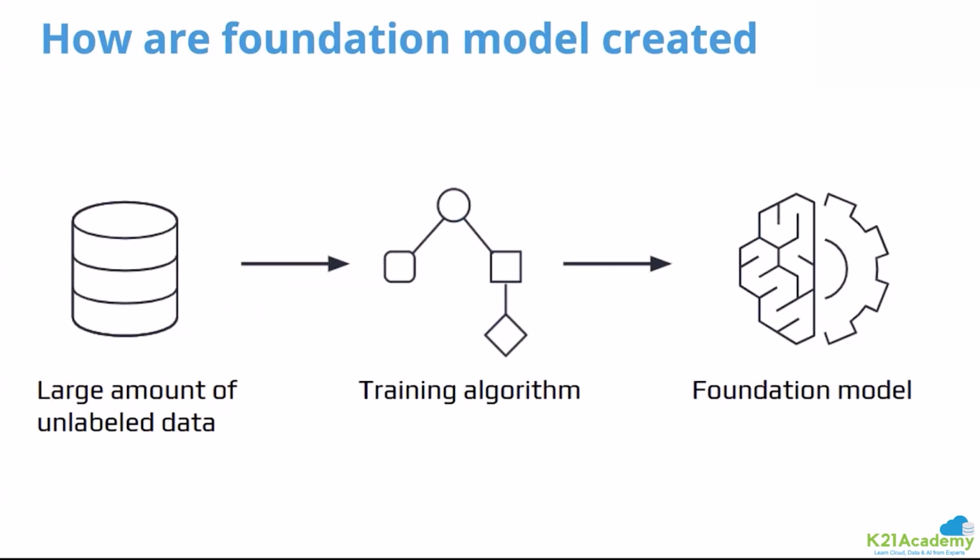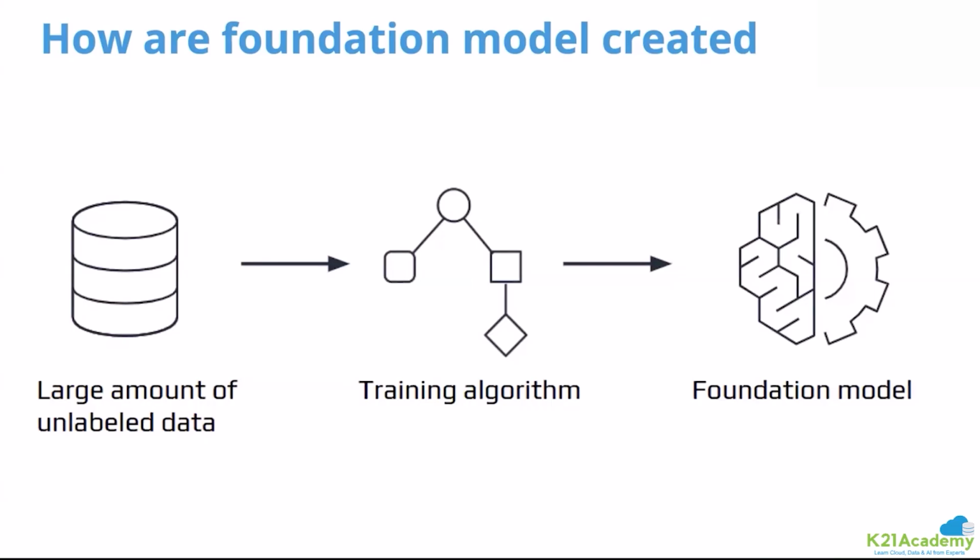Now coming back to how foundation models are created, you take a large amount of unlabeled data, you apply a training algorithm and get a foundation model. I'll be the best person to talk about this because in my task list, I have done an FM creation. I was pretty lucky to do this. I've done it at the backend, but at a very high level.